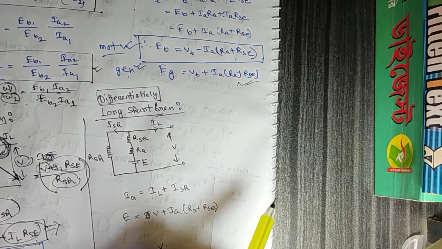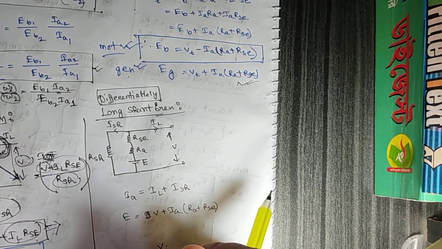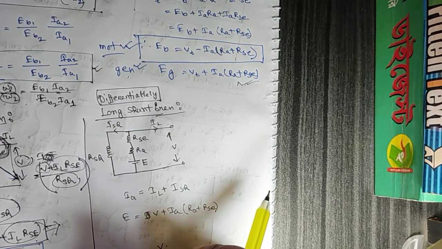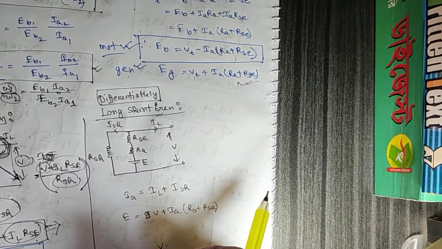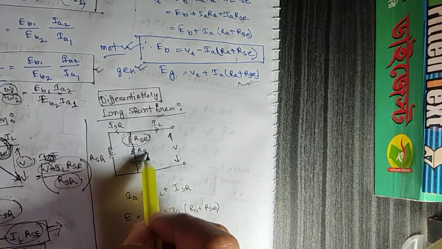Now for differentially, as we know, one winding is actually opposing another winding. In this case it is almost like the previous shunt generator, but we have a series winding connected in series with the armature winding.